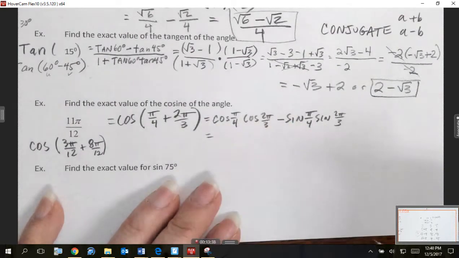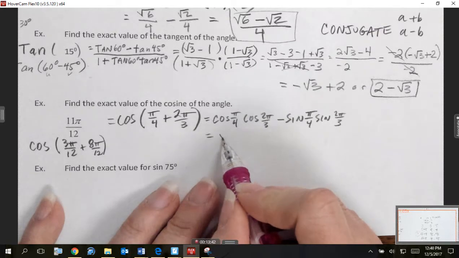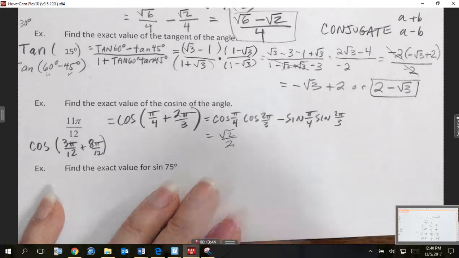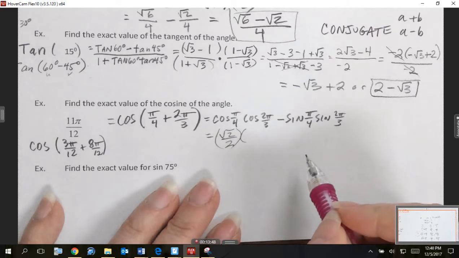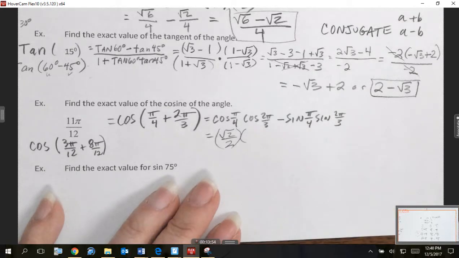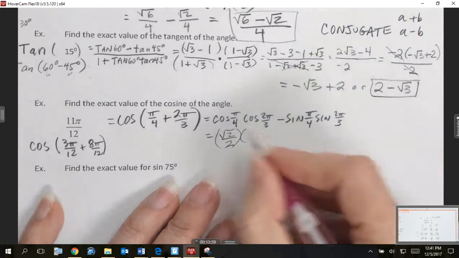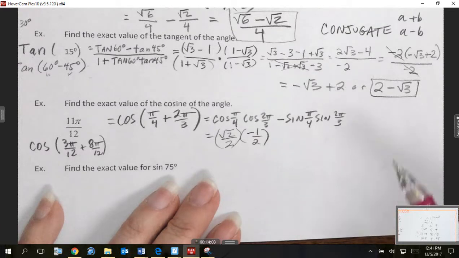And then what's the cosine of pi over 4? And the cosine of 2 pi over 3? Negative a half, because cosine in the second quadrant is negative.